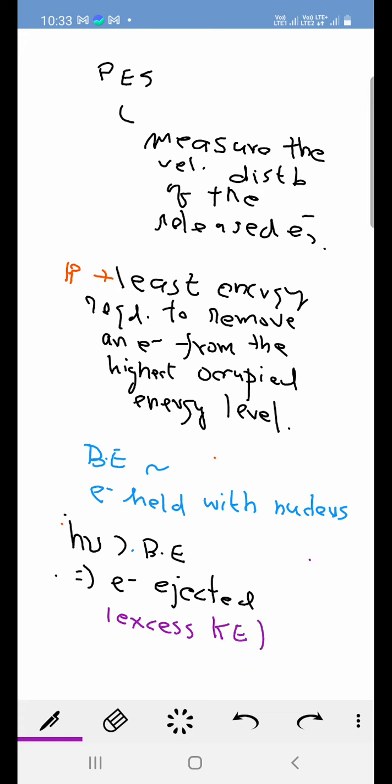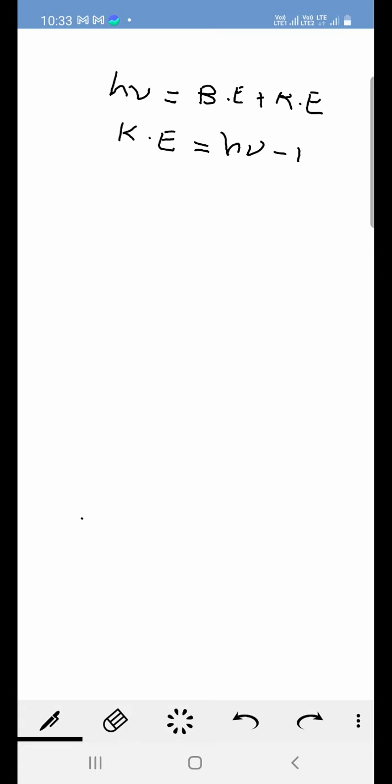So if you write it in terms of an equation, it will be h nu is equal to binding energy plus kinetic energy, and the kinetic energy is then equal to h nu minus the binding energy.